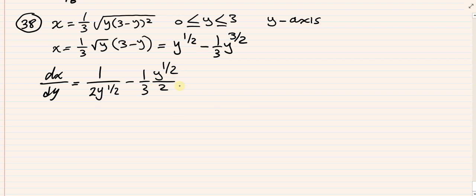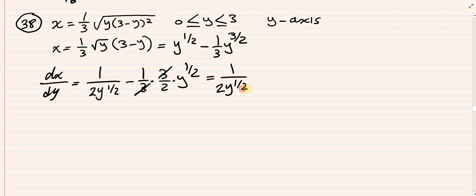Let me show you. Derivative of y to 3/2 is going to be 3/2 times y to 3/2 minus 1, which is y to 1/2. Those cross out, so this is actually going to be 1 over 2y to 1/2 minus y to 1/2 over 2. Now we can combine this.